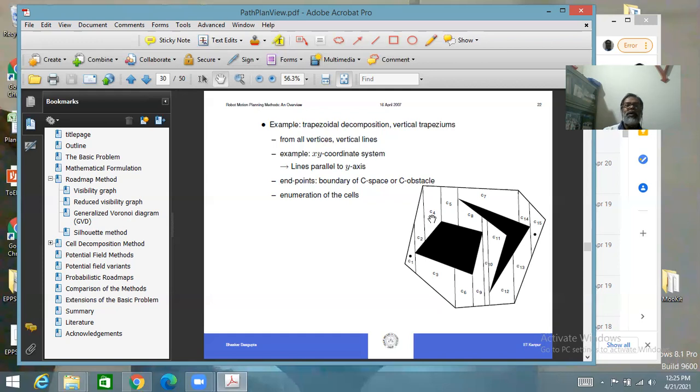Okay, so the boundary must be of one dimension, just one dimension less than the region itself. That is the sense. Okay.